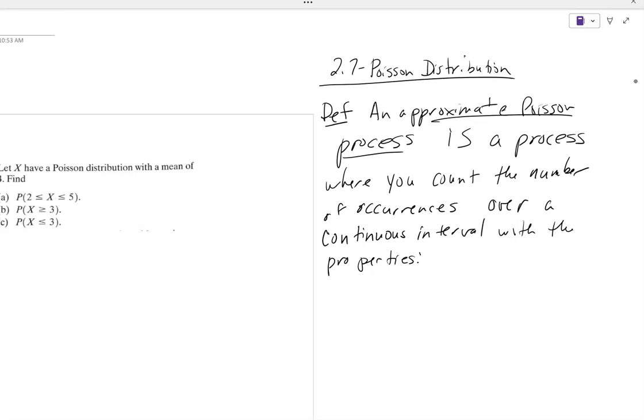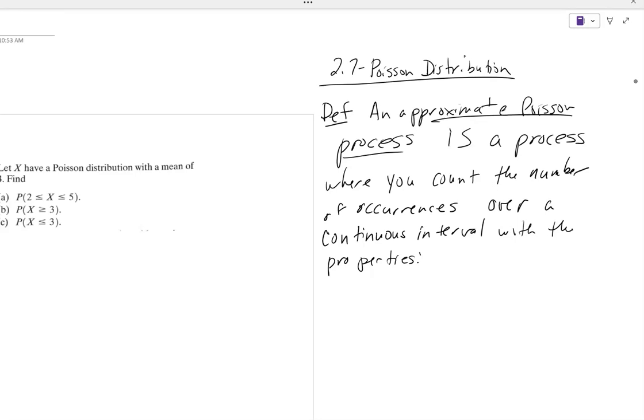Well, depending on the process, I suppose. But do you expect one call coming into a call center to affect any other call coming into the call center? Or do you think they should be independent of each other? Probably independent, right? Do you think of one person going into a bank affecting somebody else going to the bank and getting some business done? Probably not. Maybe, but a little bit iffier, right? But you should expect them to be independent.